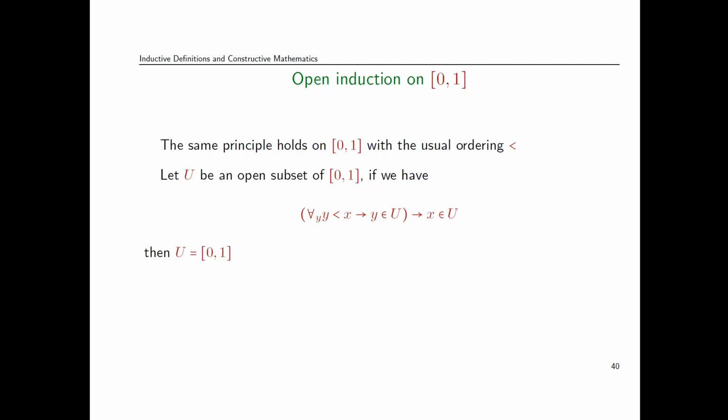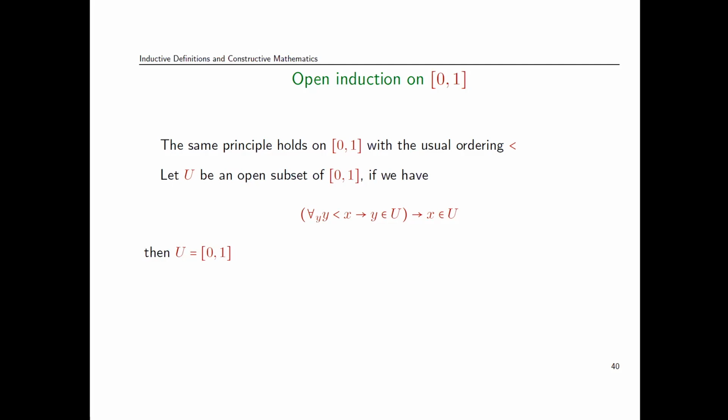These implications hold for x equal to 0, because there is nothing less than 0. So you get that 0 is in U. And since U is open, you have a number strictly bigger than 0 which is in U. You call this number X1. X1 is in U, U is open, so you have X2 strictly bigger than X1 which is in U. And you can keep doing this omega times.